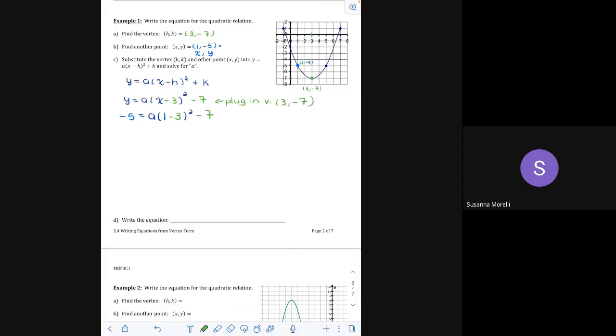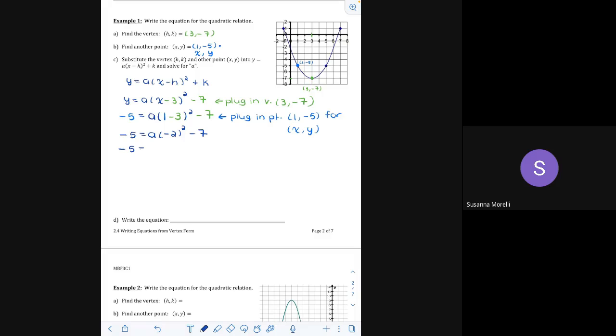So here, plug in the point 1, -5 for x and y. Now we just have to do some number crunching. So -5 is equal to a, and then in the brackets, 1 minus 3 is -2, and that's being squared, and then -7. Go ahead and use your calculator if you need.